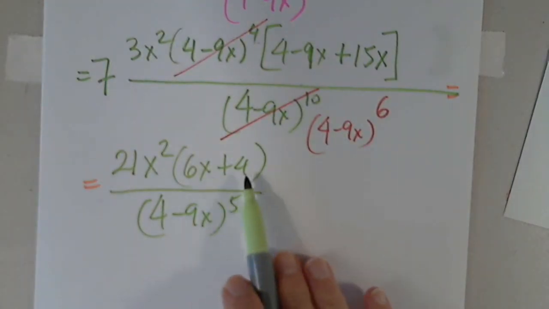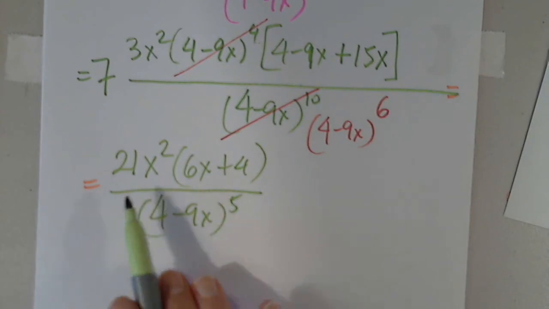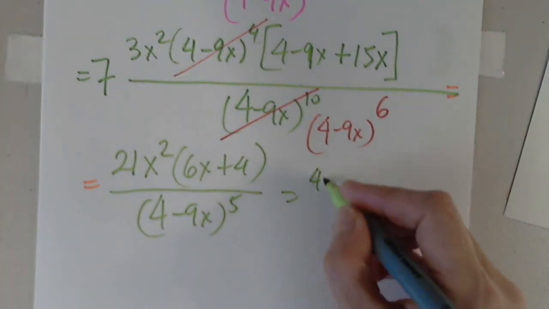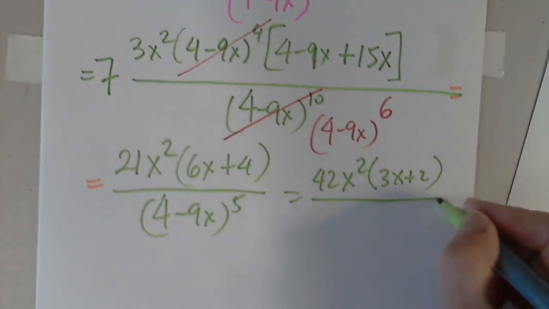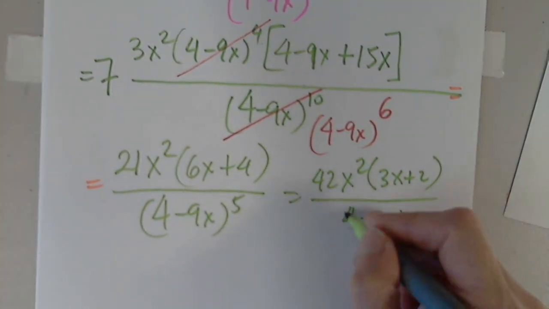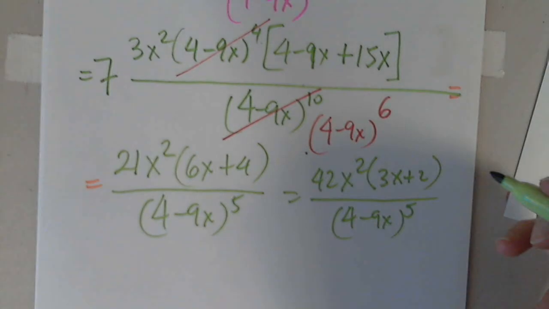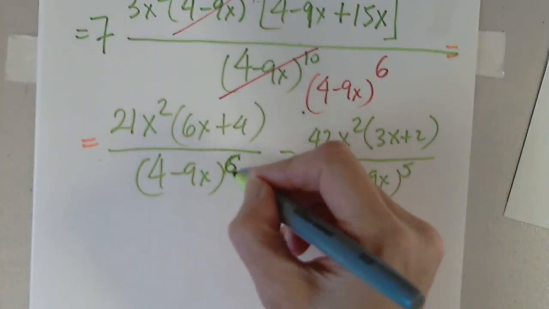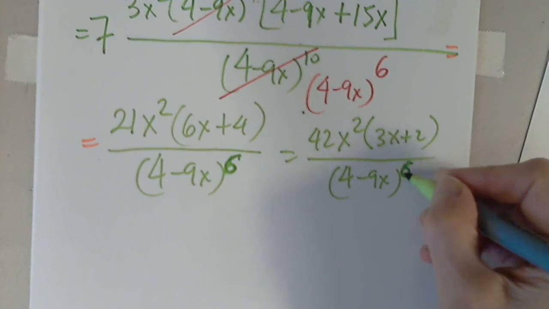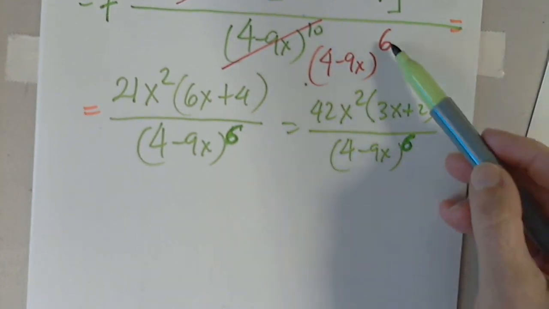I would recommend take out a 2 from here, put it in front. 2 times 21, 42x squared, 3x plus 2. This is completely simplified. I wrote 6 here and 5 here. My apologies. Why? I don't know. No excuse. It's power 6.